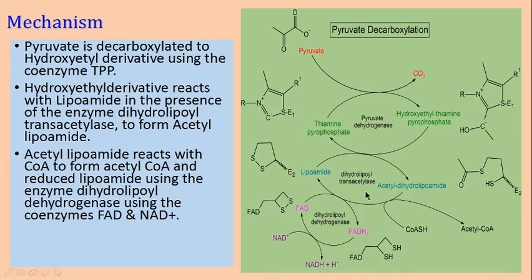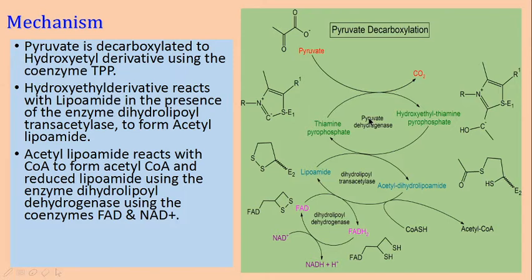Why is it a multi-enzyme complex? Because three enzymes are embedded in it. If we call it pyruvate dehydrogenase complex, it means there are three enzymes catalyzing this conversion of pyruvate to acetyl CoA.